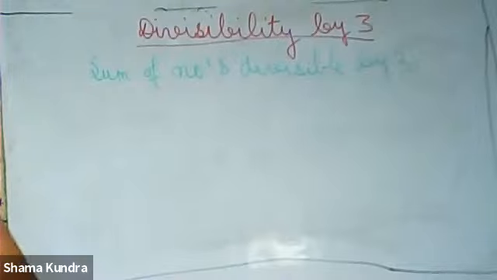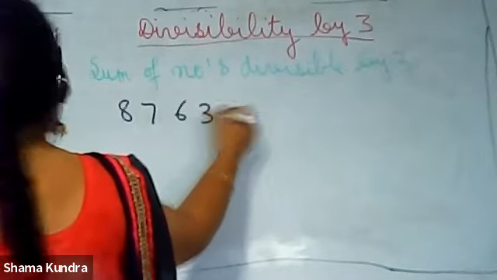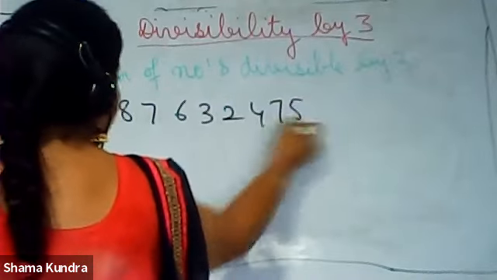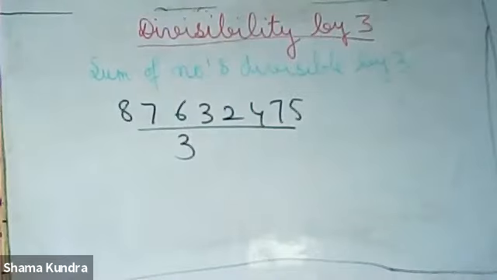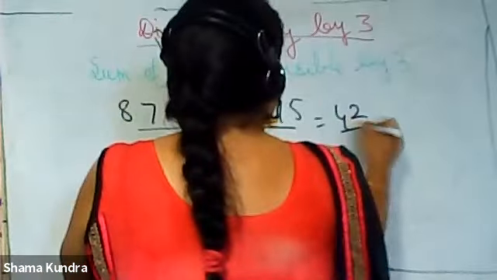For example, if I take the number 87632475, what I will do is add these digits.